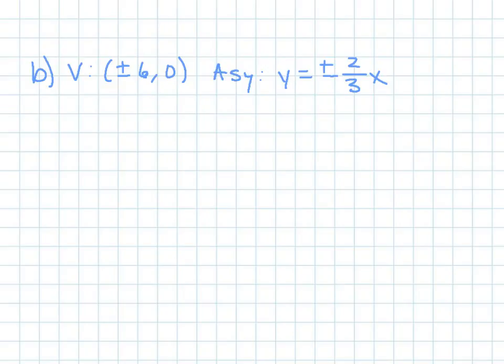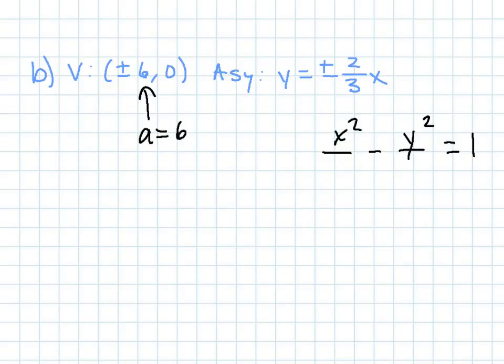Same thing. You're given vertices this time and the asymptotes. Remember, the asymptotes give you a and b, but it depends on which order they're in. So let's start with what we know: the vertices. My x value is the one that's changing this time, so that must mean it opens left and right. So that's got to be a, which means x squared's got to be first this time.